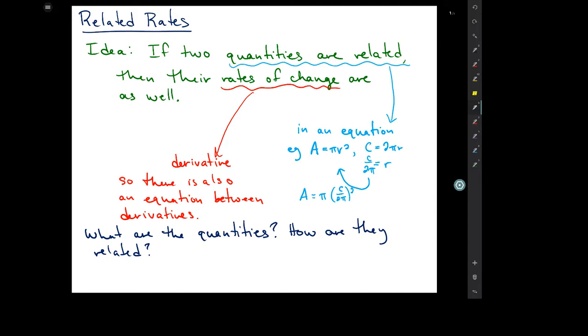So what you usually have to do with related rates problems is to determine an unknown derivative based on some given information.